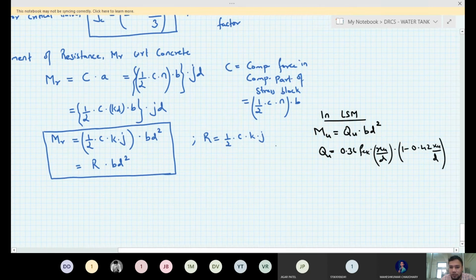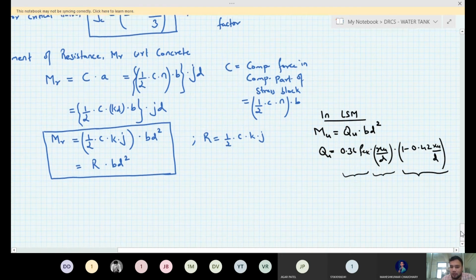So this is 1 by 2, analogous to R, that is 0.5 into some compressive stress times K times J. FCK is related to c, or we can say 1 by 2 c is related to 0.36 fck. K value is X by D, so it is XU by D. J value is 1 minus 0.42 XU by d, which is the lever arm factor. This is your neutral axis depth factor, and this is the stress factor.